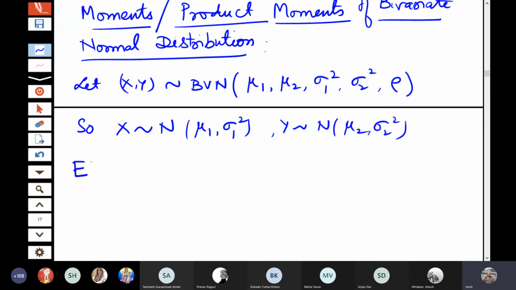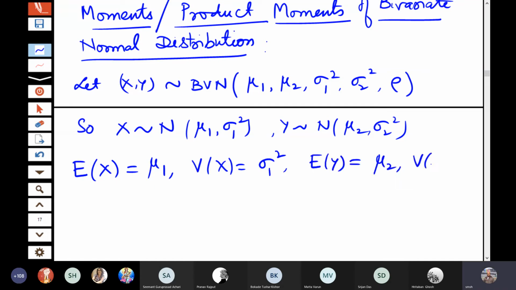So you immediately get that the expectation of x is mu1, the variance of x is sigma1 square, the expectation of y is mu2, and the variance of y is sigma2 square. So the moments of x as well as y are all obtainable. You can also have the third moment, fourth moment, and so on. Let us talk about only the first two orders here.